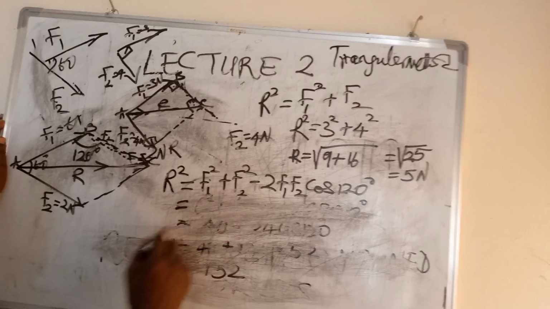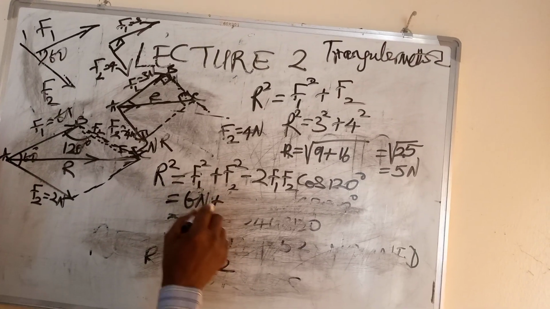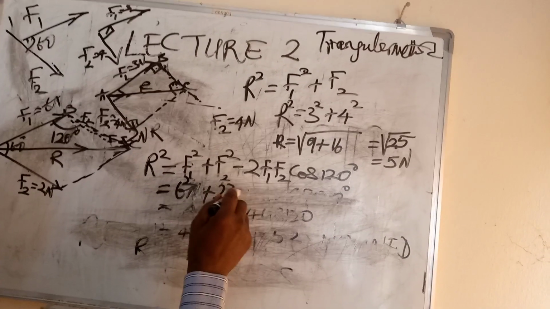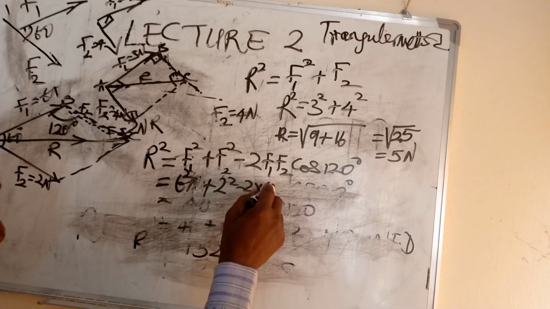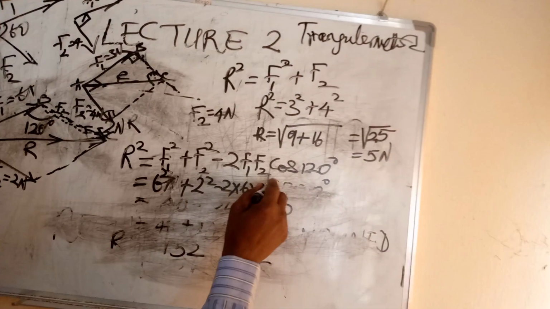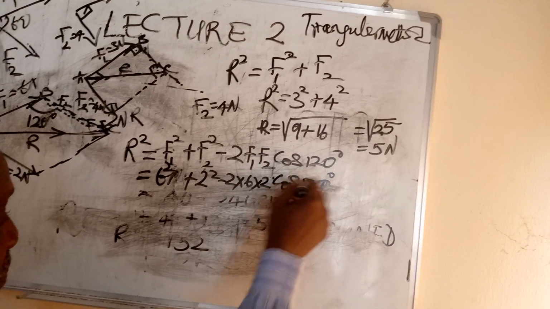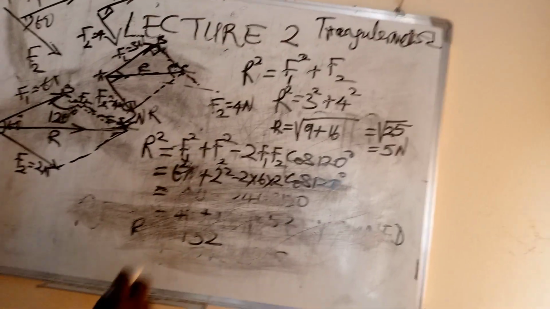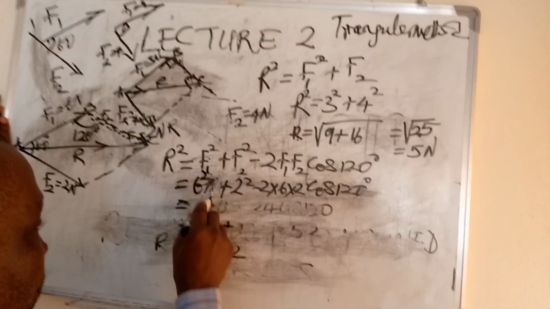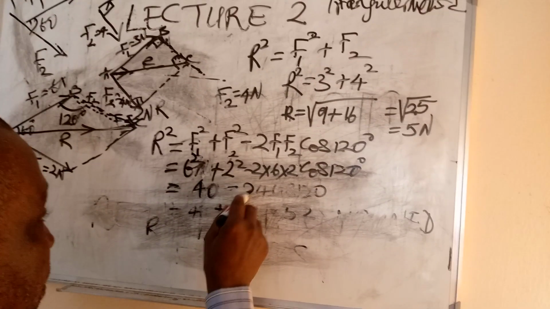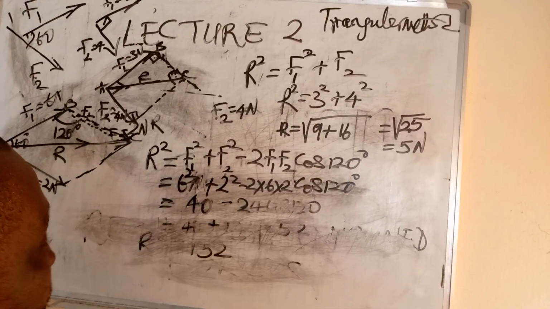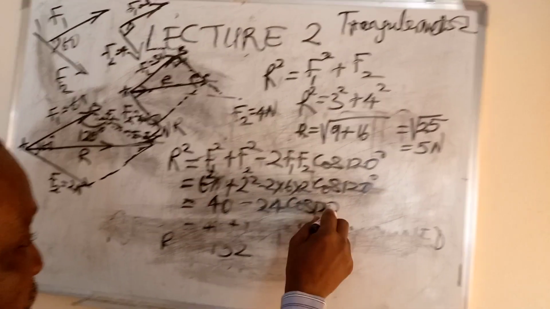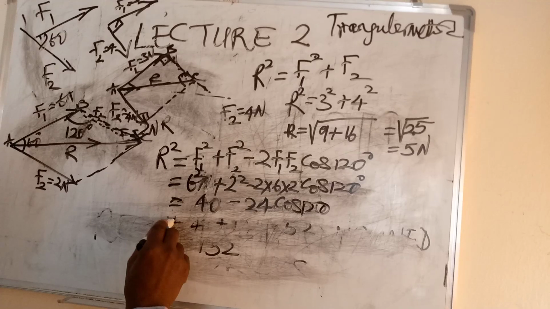So it is equal to 6 squared plus 2 squared minus 2 times 6 times 2 cos 120 degrees. This is equal to 6 squared is 36 plus 4, that is 40, minus 24 cos 120.